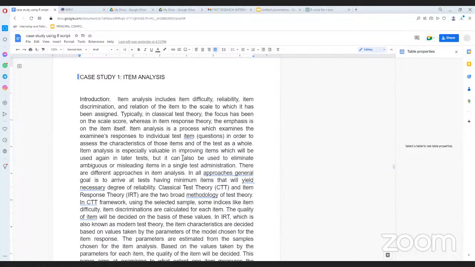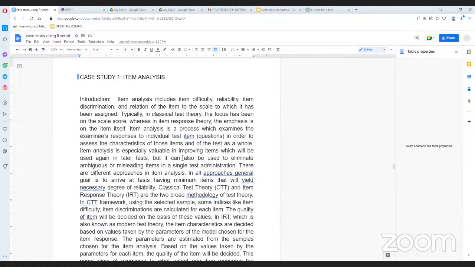Classical test theory (CTT) and item response theory (IRT) are the two broad methodologies of test theory. In the CTT framework, using the selected sample, indices like item difficulty and item discrimination are calculated for each item. The quality of an item will be decided on the basis of these values.